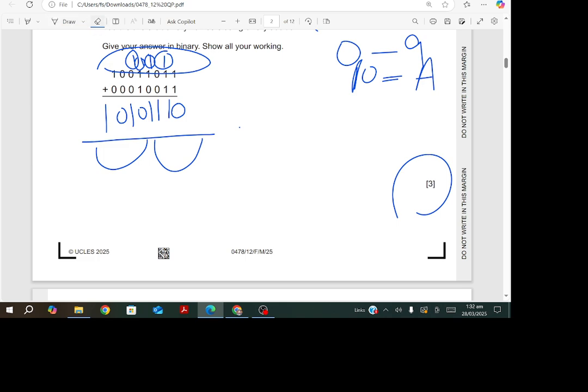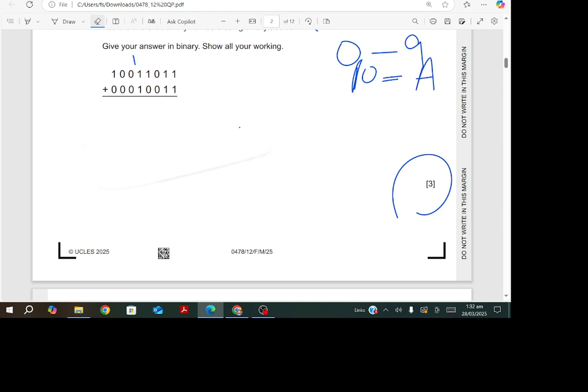If you didn't understand this, I'm going to do it again. 1 plus 1 is 0, 1 carry. When there are 3 ones, we get 11, 1 and 1 is carried as well. Then 1 1 0, 1 carry.